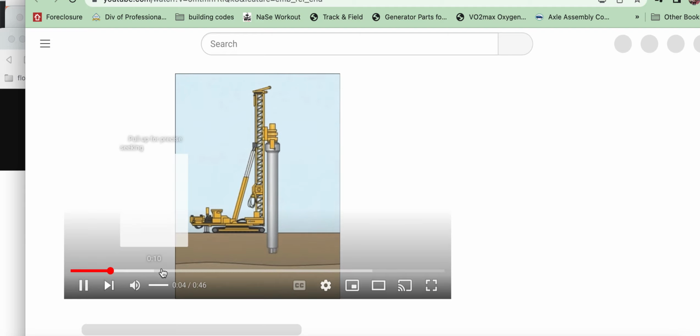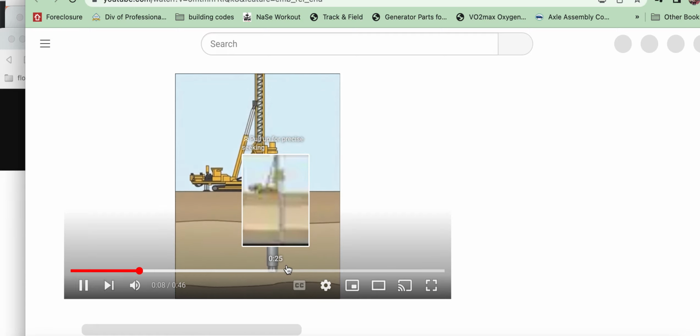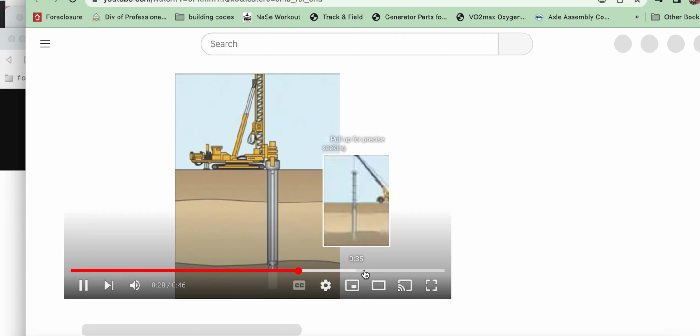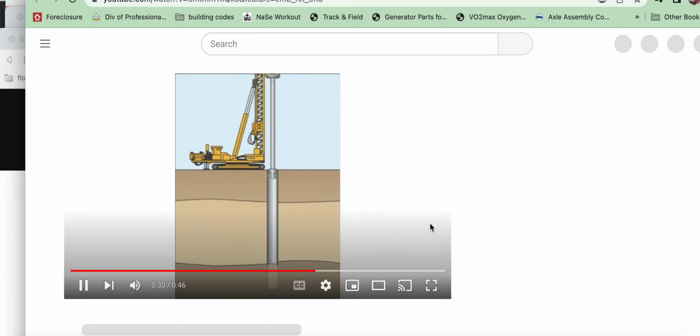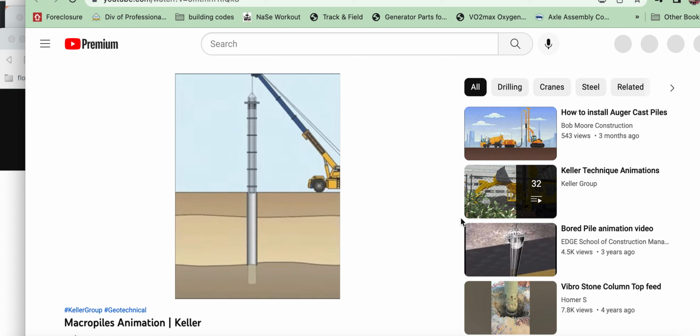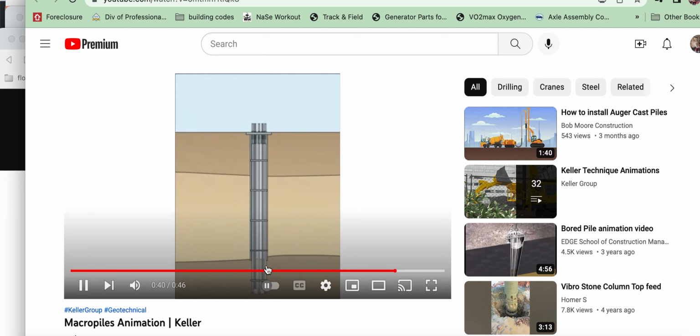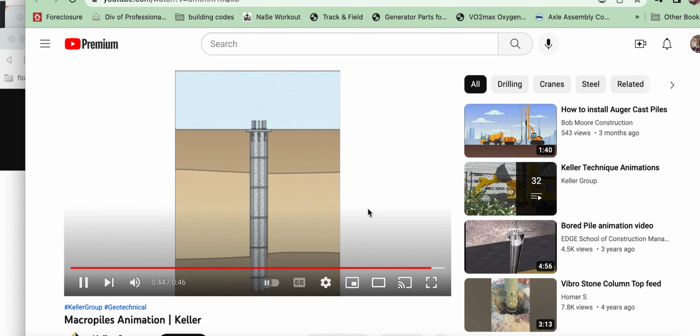I'm scrubbing. This might be it, unless he just drops a cage in. Yeah, he just dropped the cage in. That's what I theorized they did with this structure, but pressure-induced footing would have a compacted soil making a ball there.